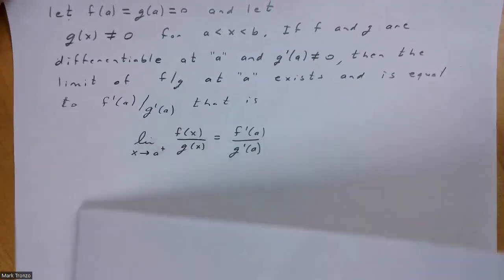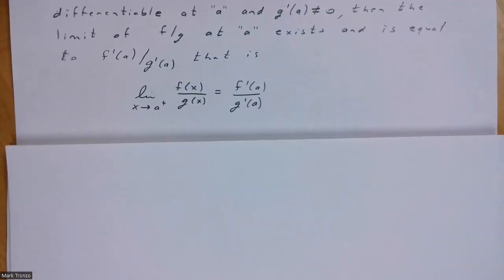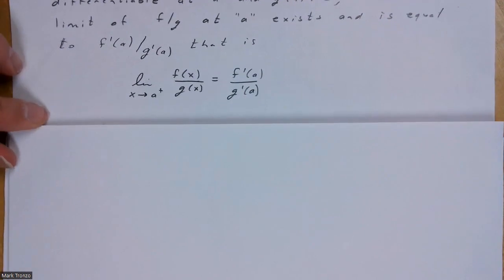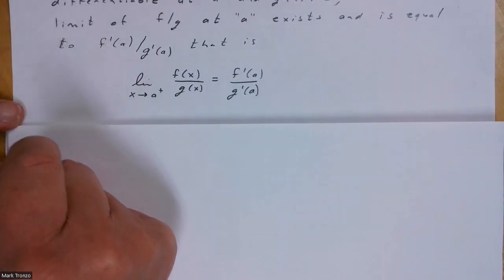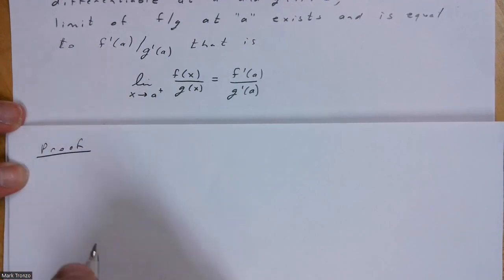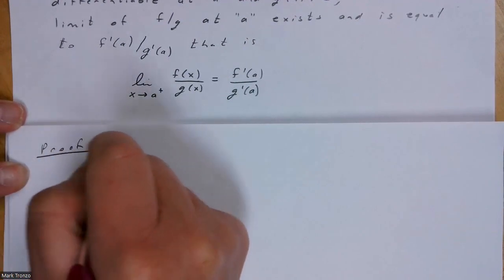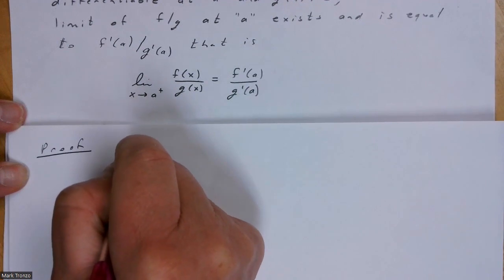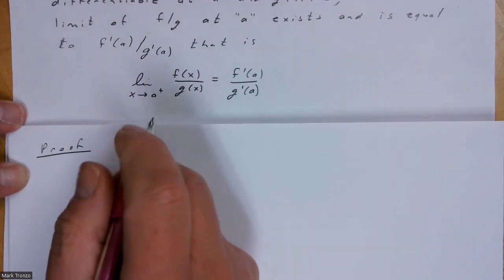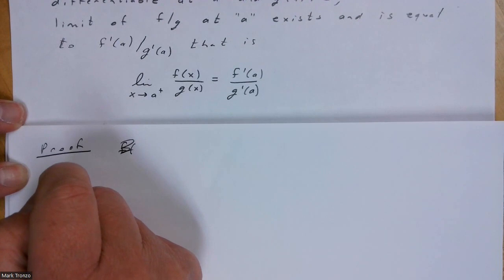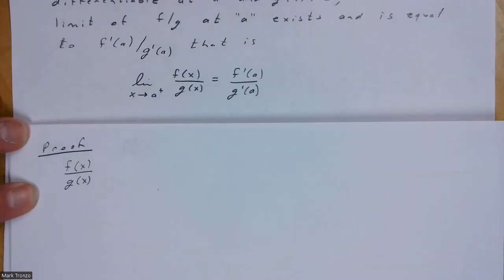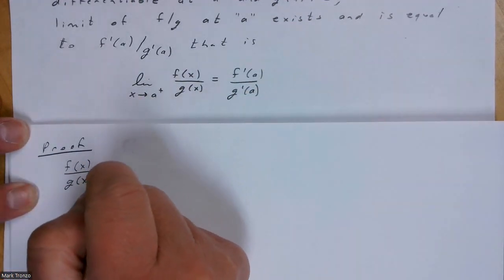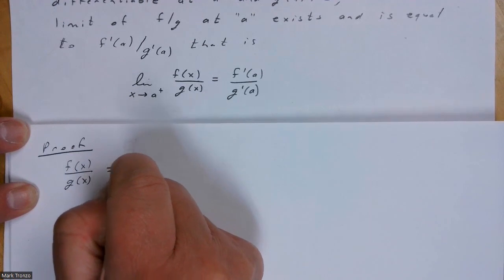So let's begin with this proof. First of all, let's write this quotient down here. So let's write f of x over g of x this way.